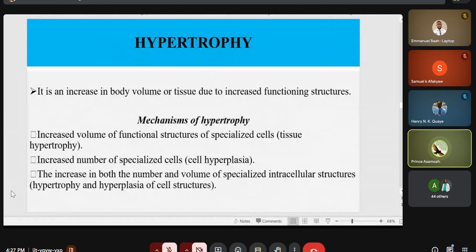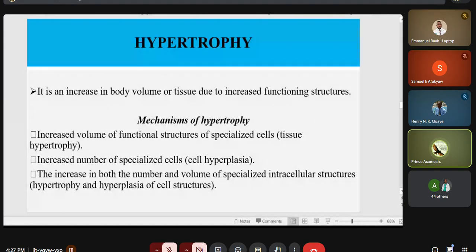Now that we are done with atrophy, the wasting, the shrinkages, we are going to hypertrophy. Okay. Now, what are we saying hypertrophy is? We are saying hypertrophy is an increase in the volume or tissue of a cell or a tissue due to increased functioning structures.